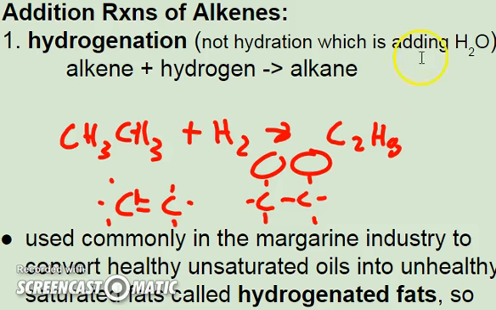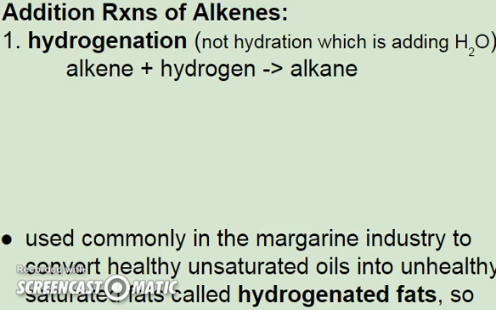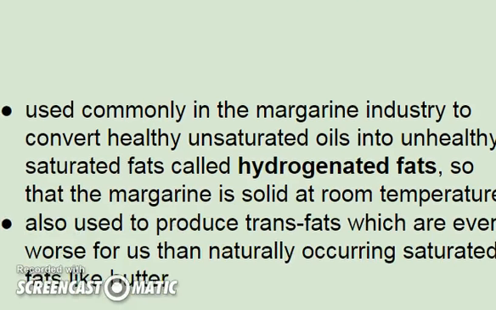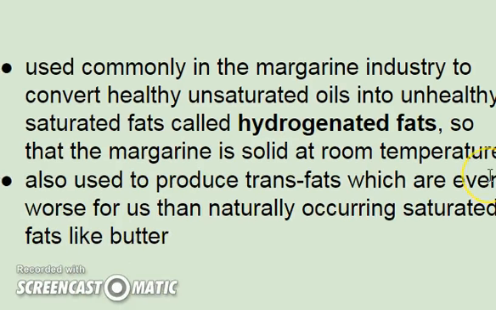So hydrogenation is used very commonly in the food industry, because plant oils aren't as solid as other fats, but they're typically healthier for you. Well, we make them unhealthy by doing this hydrogenation to it.